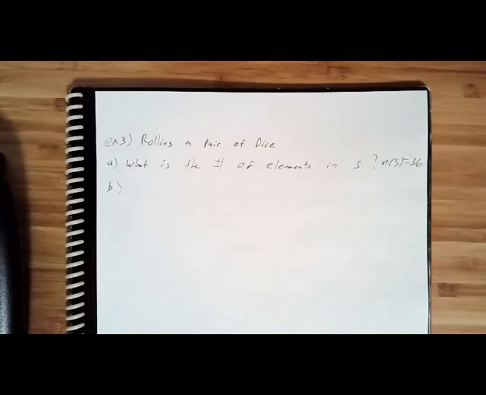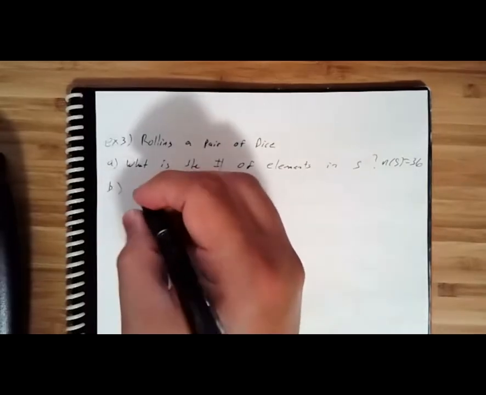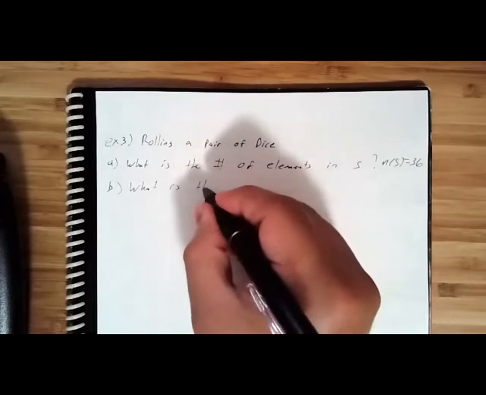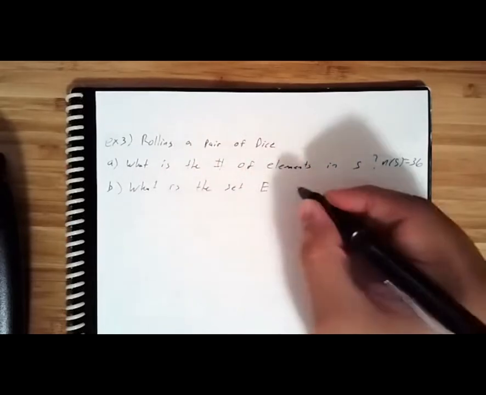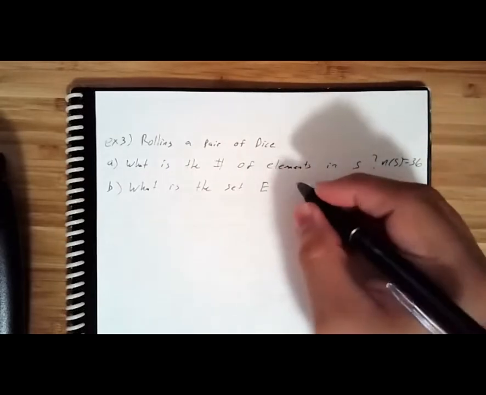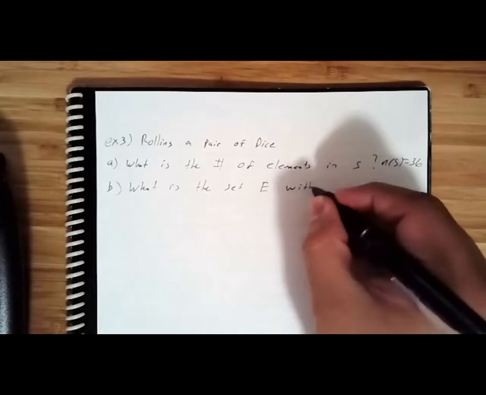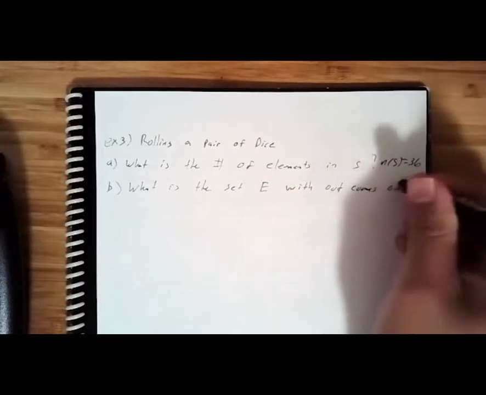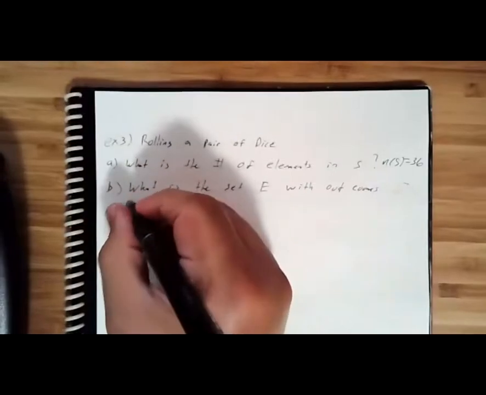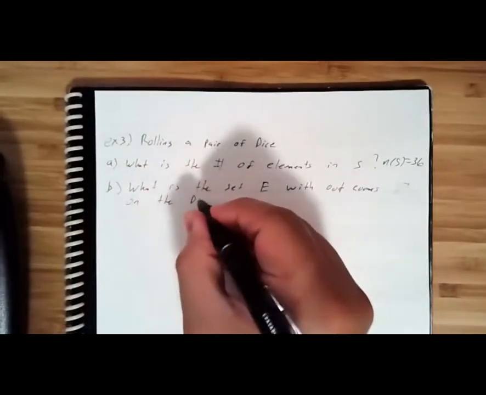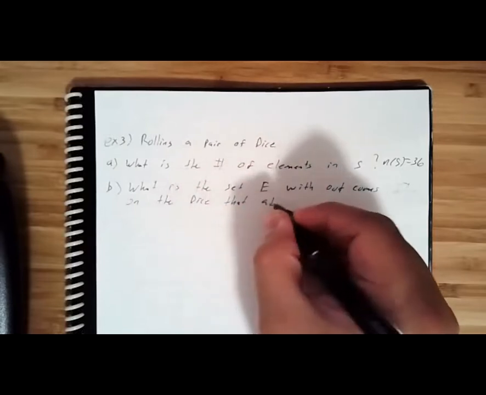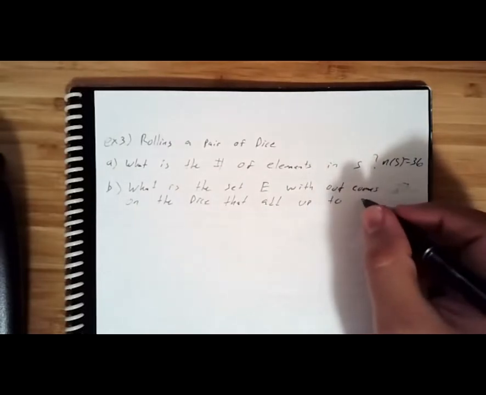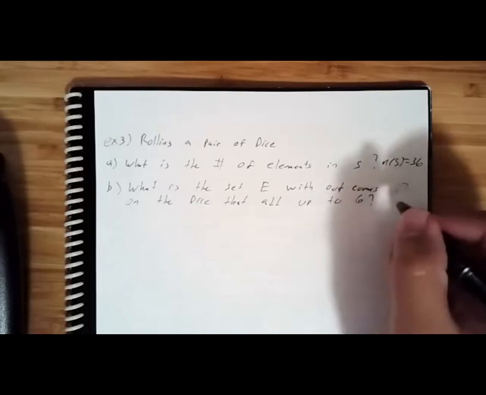Part B, what is the set, which we'll call E to make it shorter this time, with outcomes on the dice that add up to 6.